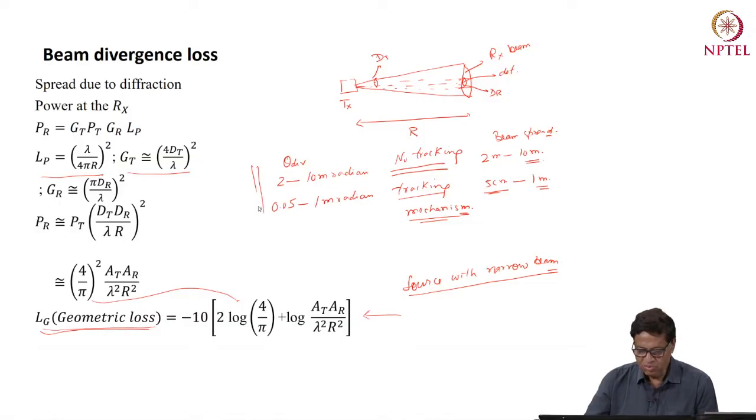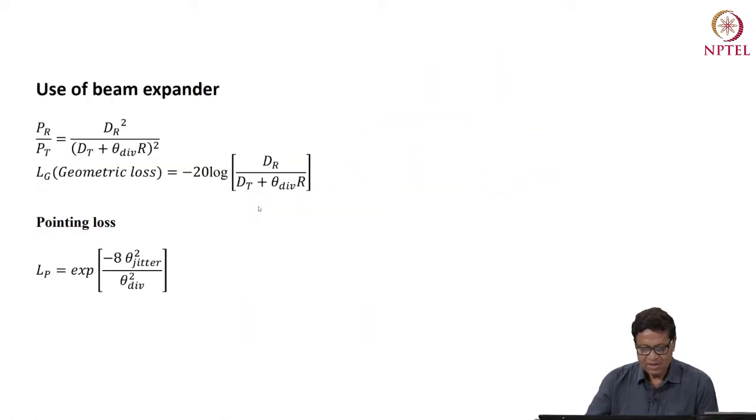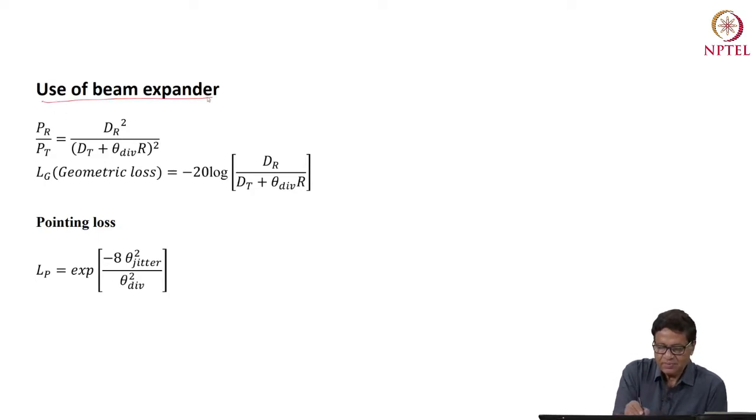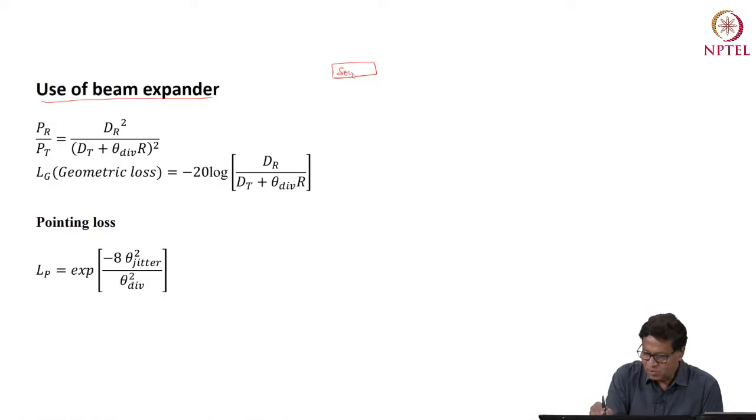So how do you get rid of this problem? So sometimes one can use a beam expander. So beam expander actually is a two-lens system. So you have, for example, this is a source, and it is emitting like this.